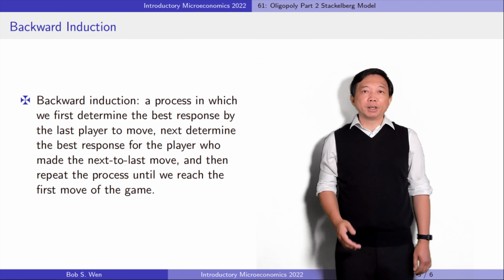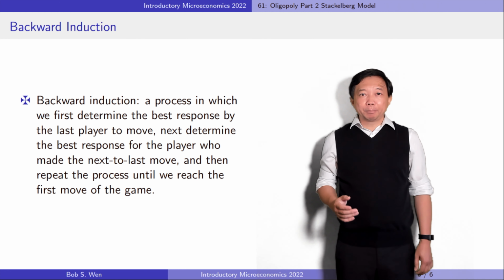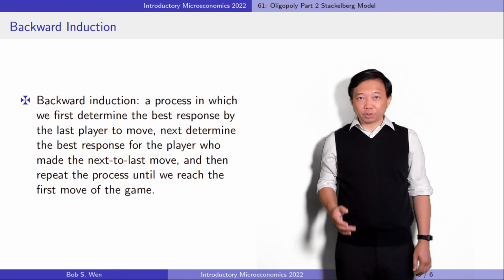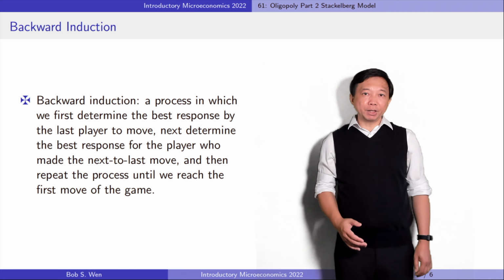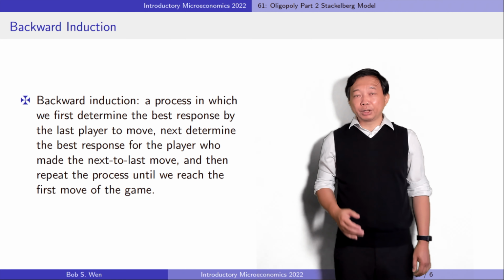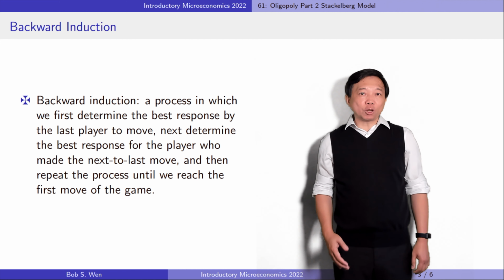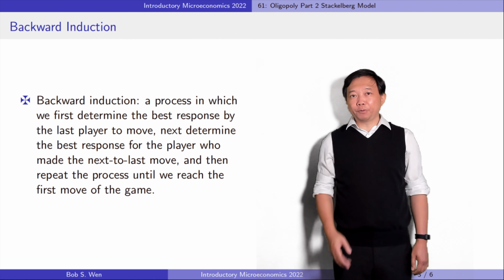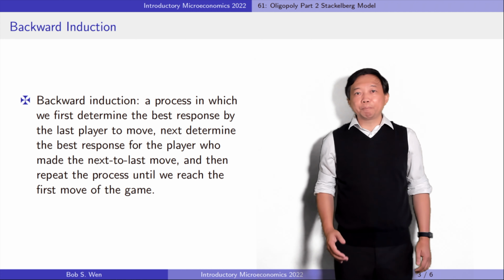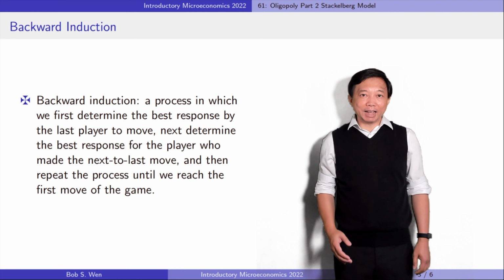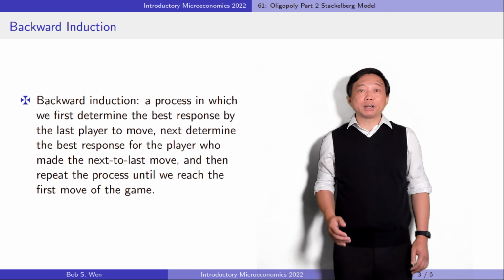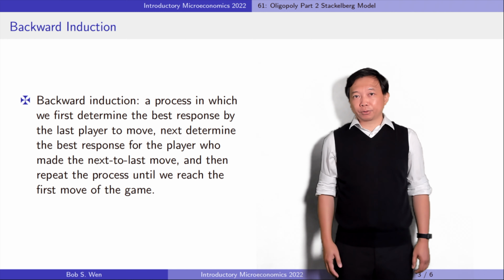Next, determine the best response for the player who makes the next to last move, and then repeat the process until we reach the first move of the game. In the Stackelberg model, we have only two firms. We work backward from the follower and determine the follower's best response, and then we consider the leader's choice.